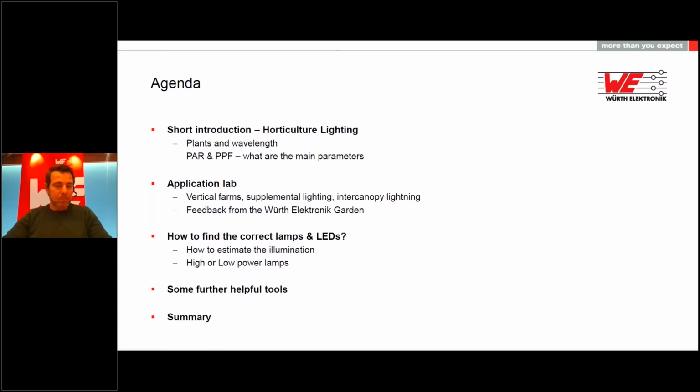At the end, I would also like to show you some examples and differences between high and low power LEDs, what the differences and benefits are, and how you can choose the correct one based on your illumination or your lamp. We will end with some further helpful tools, an overview of what else we can help you with, and then a summary.